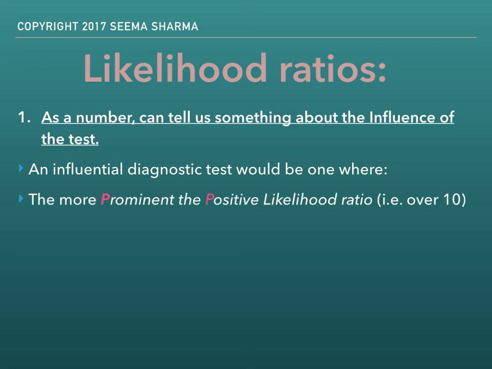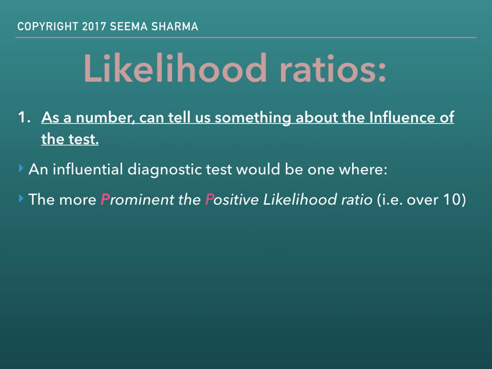The more nil the negative likelihood ratio, and I'm talking below 0.1, the more influential. That means if someone has a negative test, they are less than 0.1 times as likely to have the disease than not have the disease. And that makes the test influential.